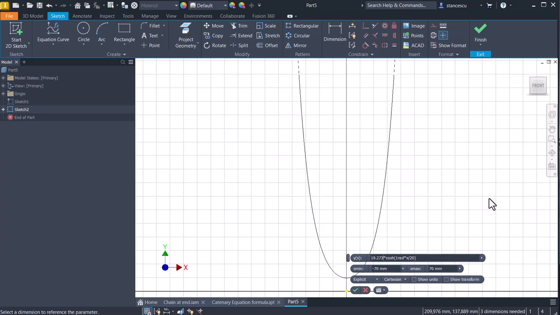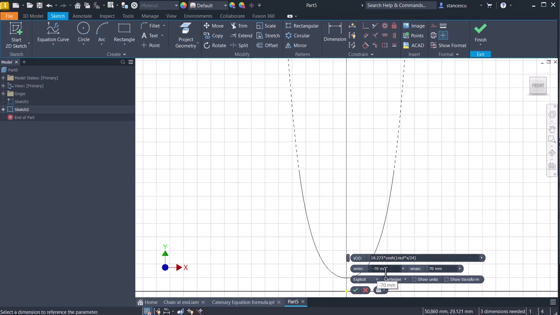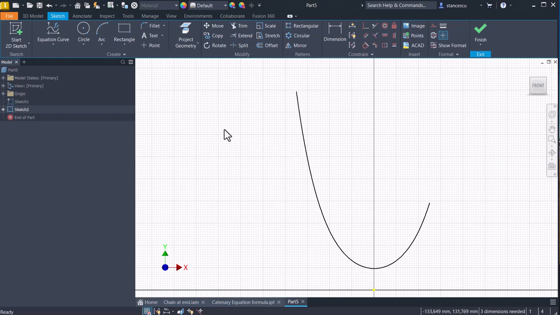19.273 is this, and 24 is the other. The x minimum is minus 70, x maximum is 50 to make 120. Okay. Now we can measure dimensions.